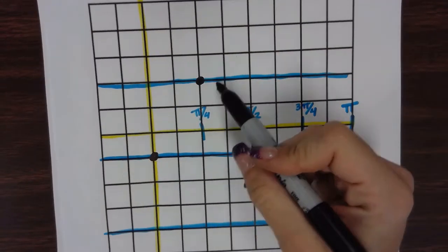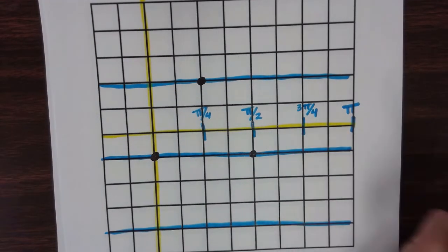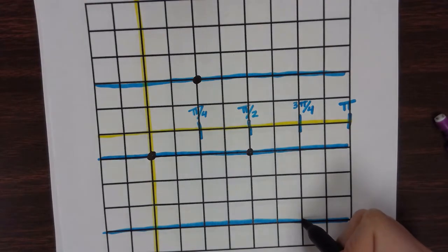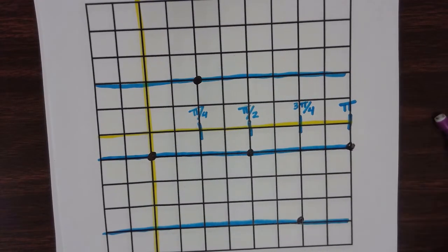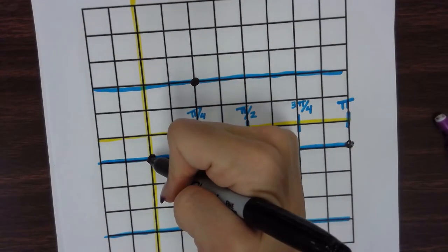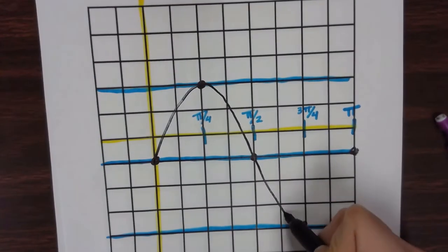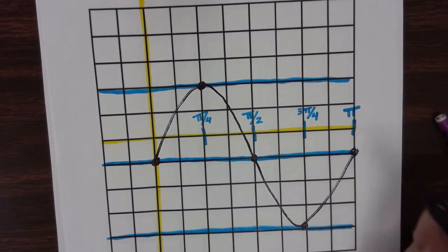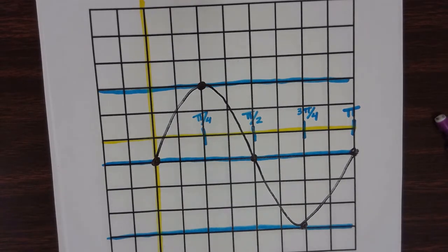Now we can't go up any further, so we're going to go back to the midline, all the way down, back to the midline. Many of you were graphing this as straight lines, but the truth is, guys, it's a curve. And we're done. We're going to do one more with cosine, but again, maybe this different order will help you with your homework better.